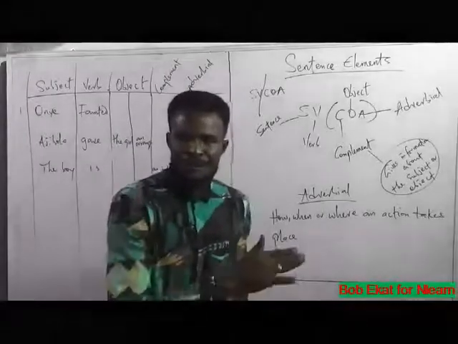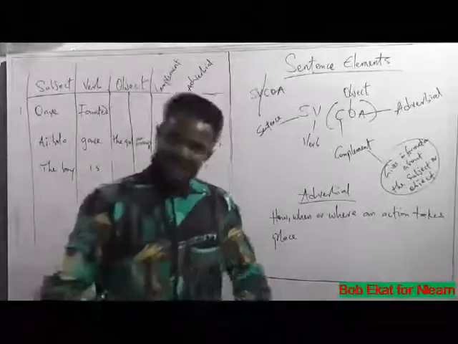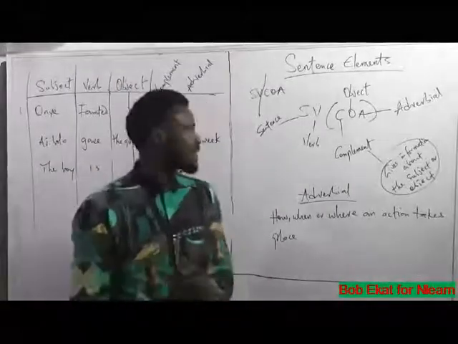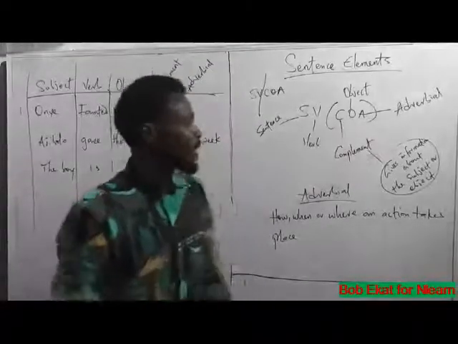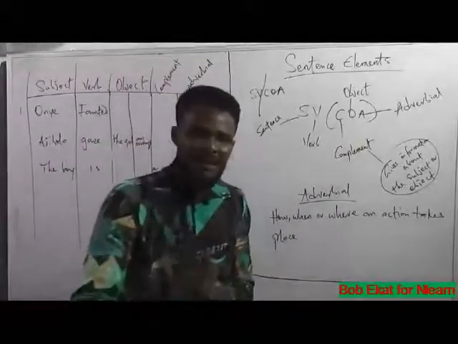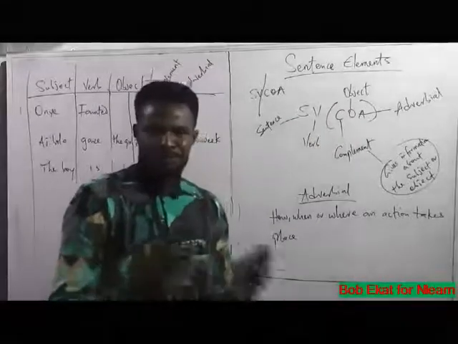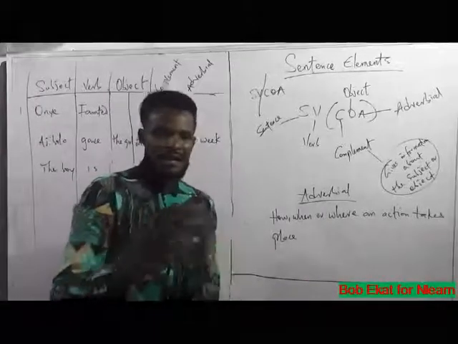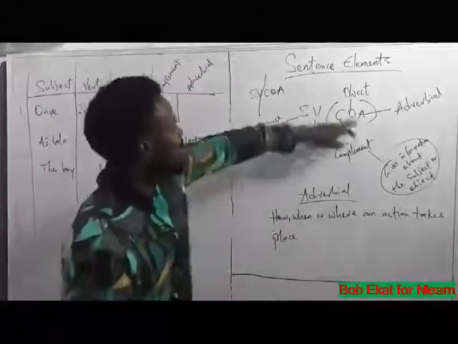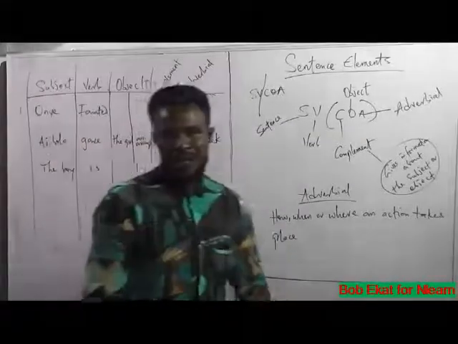For example, slap is an action. Hit, kick, push. These are actions. The complement gives information about the subject or object. The object refers to the recipient of an action. The adverbial refers to the how, when, or where an action takes place.